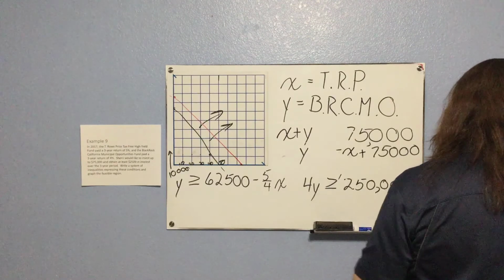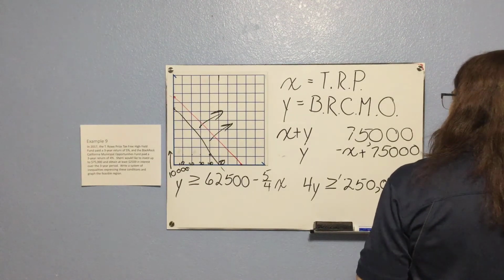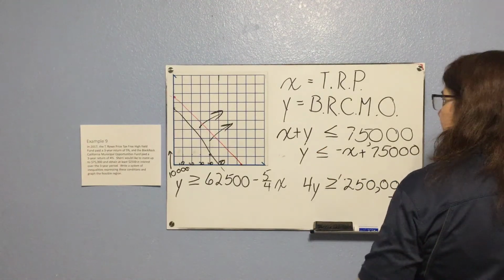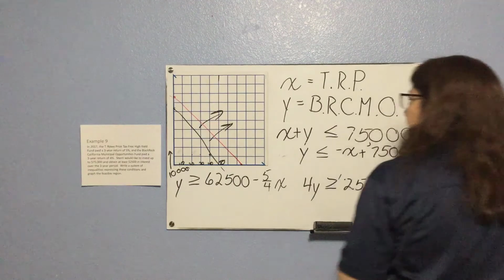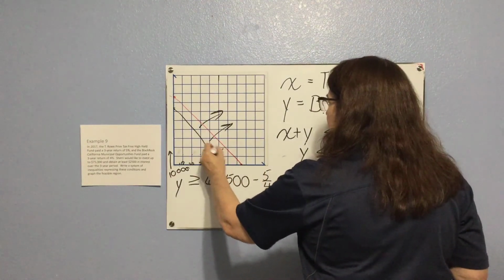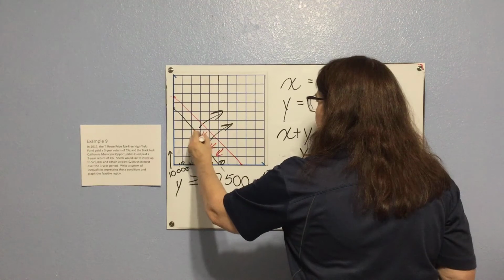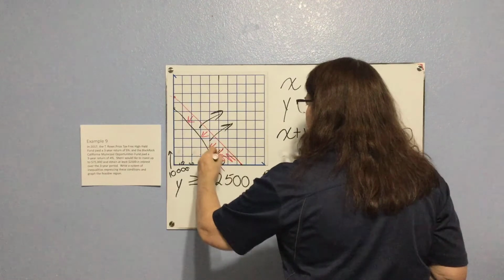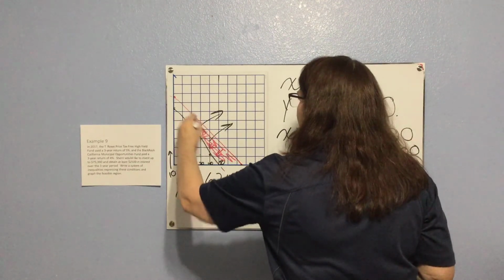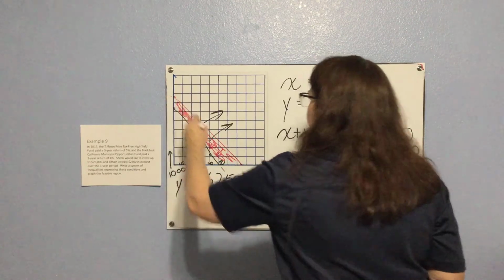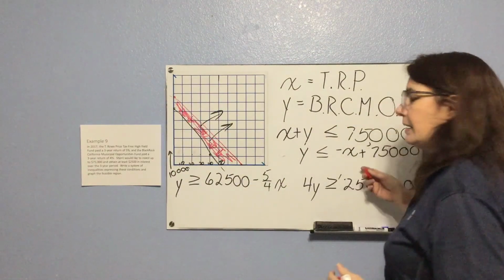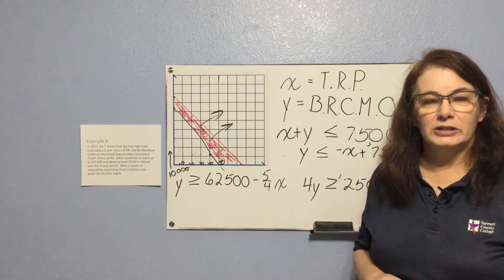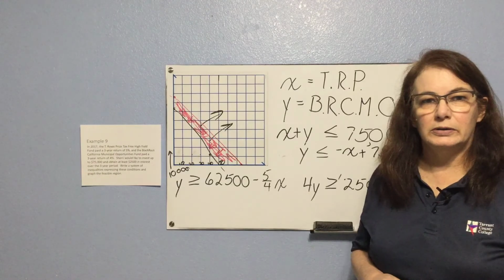My x and y have to be less than $75,000. That's all the money I've got. And what that means is that here we're going to shade this direction. So now this shaded area, this feasible region, shows me all the ways that I could split up that money to meet my goals. So pause your video now and work on the last checkpoint and then move on to your homework assignment.